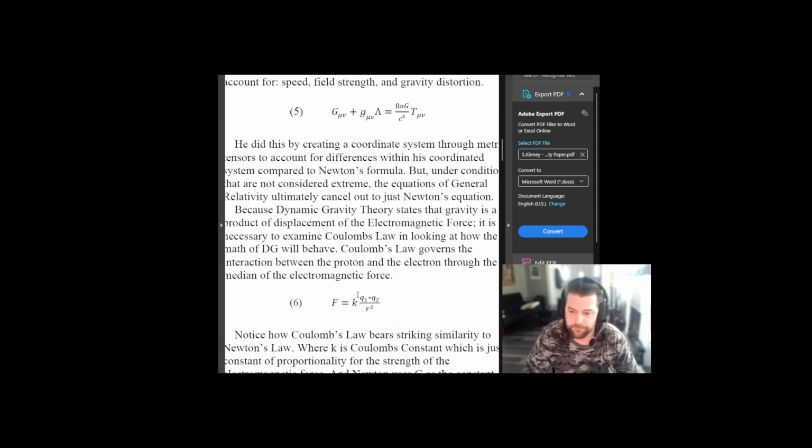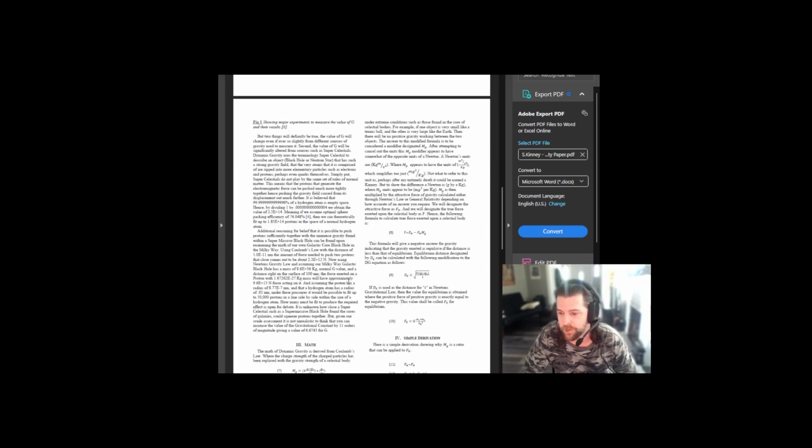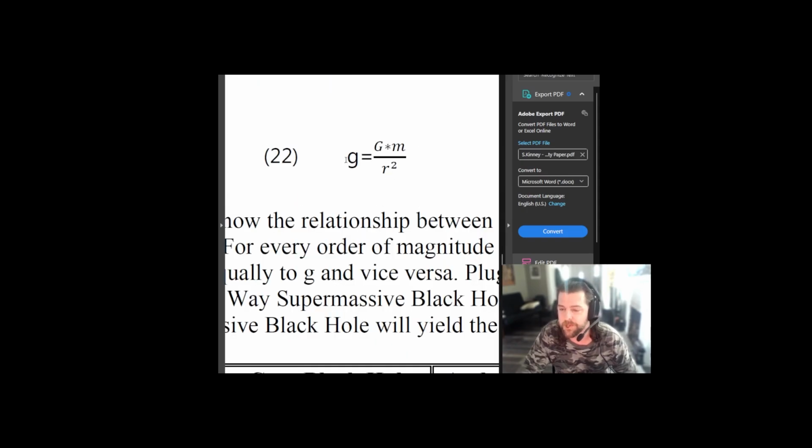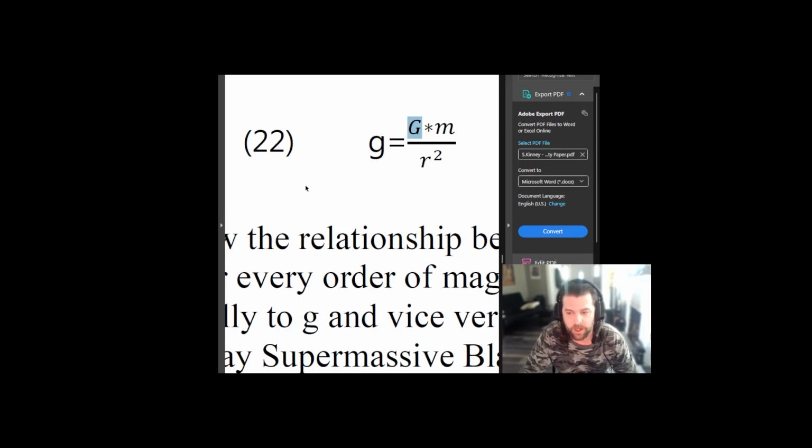Which, if I'm not mistaken, I'm pretty sure I got the formula for that here. Yeah, right here. There's the formula for little g, which, as you can see, involves G. So they're all related.